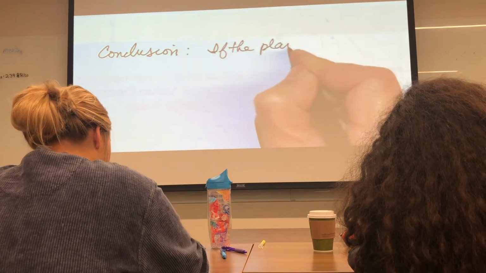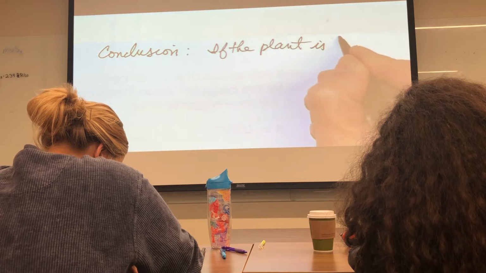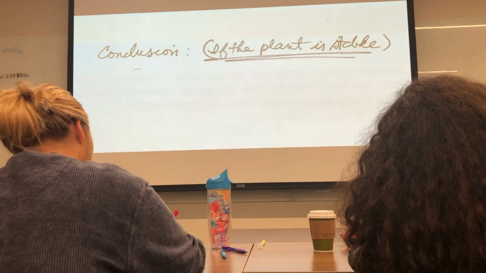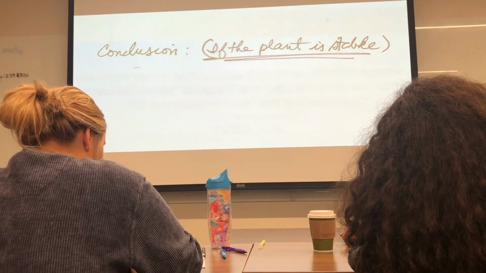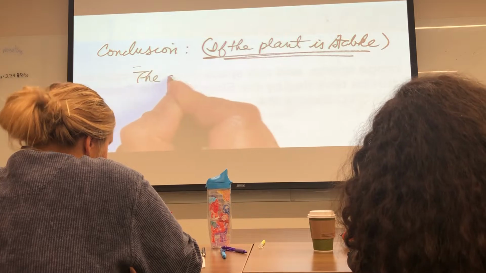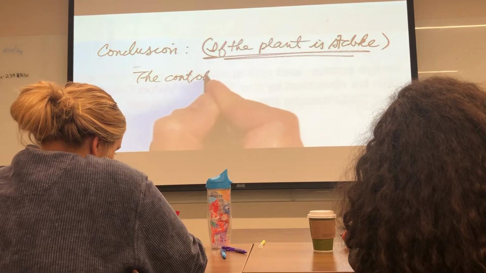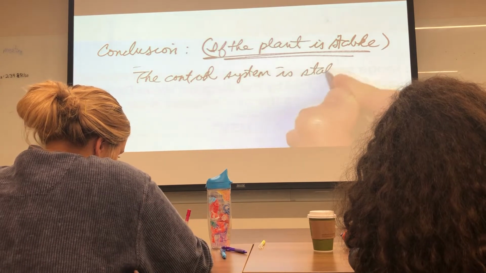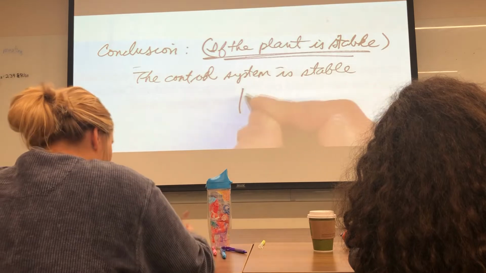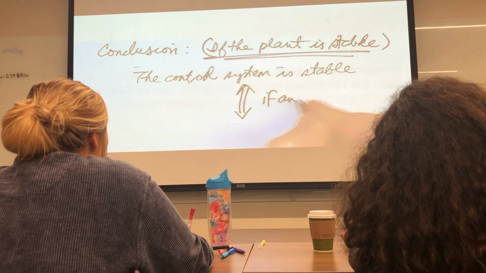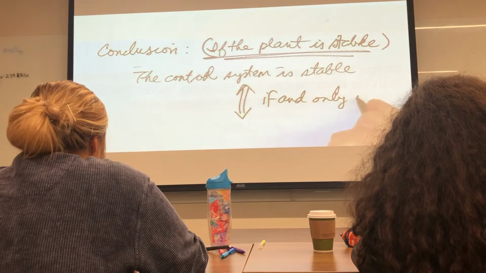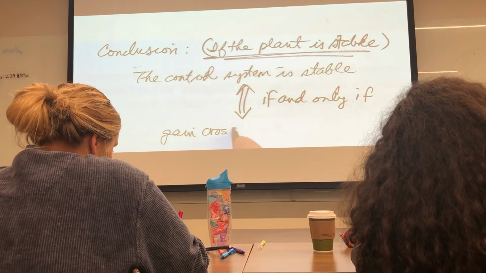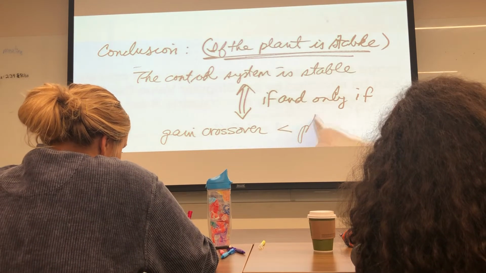If the plant is stable, and this is a conclusion that only works if the plant is stable, use this tidbit only if the plant is stable. The conclusion is the control system is stable, double arrow, which means if and only if, the gain crossover is less than the phase crossover.